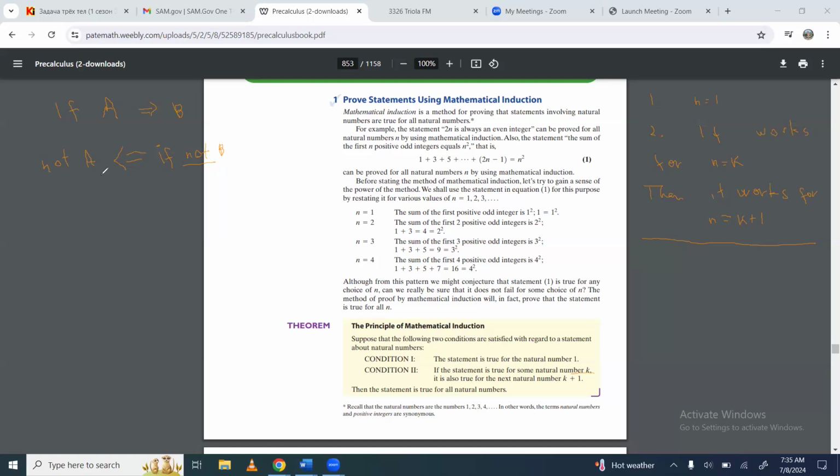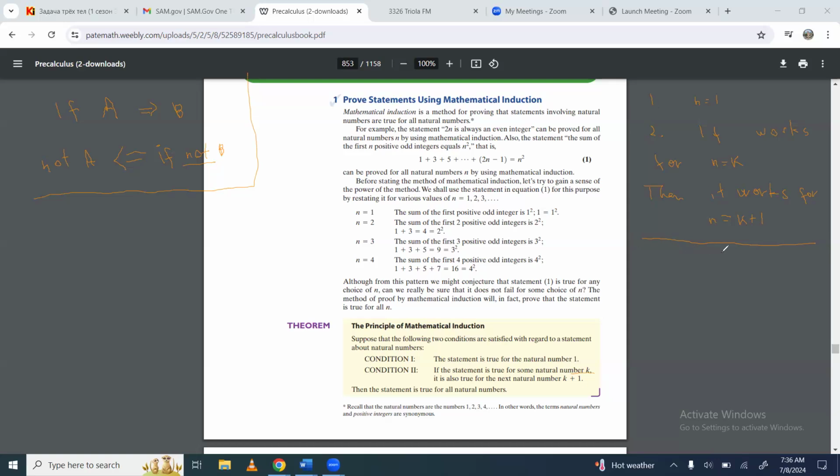So you can think of various if-then situations. What if no class? Well, then it means Alex is not online, because if Alex is online, then we have class. That's how this works, and that's what they utilize to do proofs in math. So that's the logical equivalence of two statements.